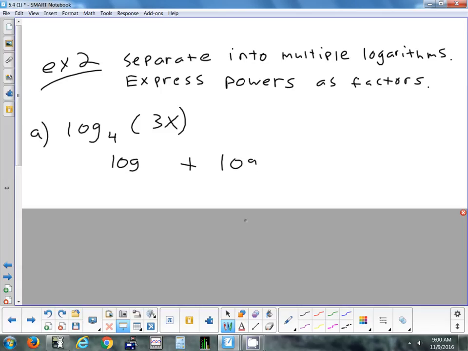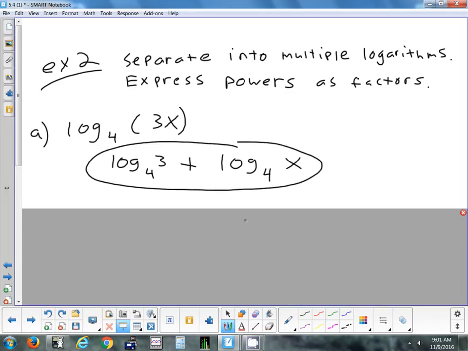Yep, it's going to be base 4. And Taylor, what's going to be the argument to my first log right here? 3. And Grayson, how about the argument to my second log? X. And that's it. It didn't ask me to simplify anything, and we don't know how to simplify this yet. You can; this is a number if you know how to type in a base 4 log. But we're not doing that.